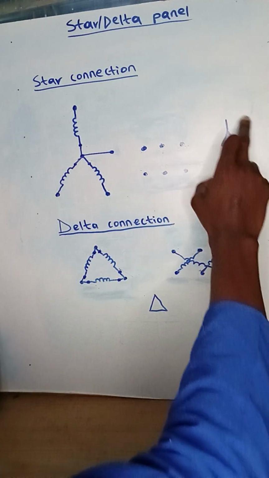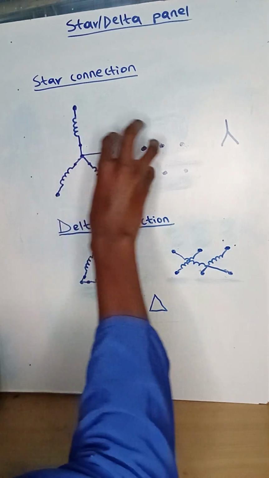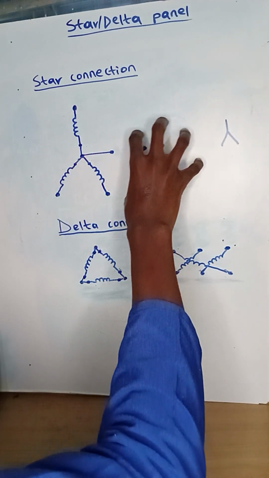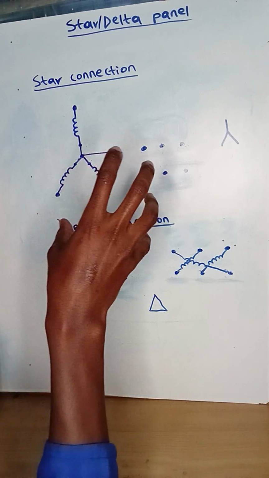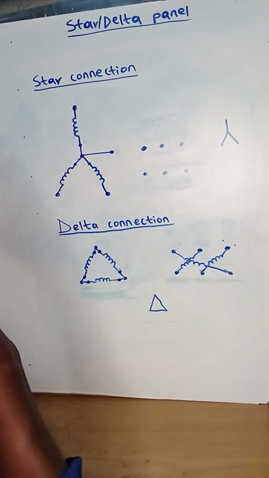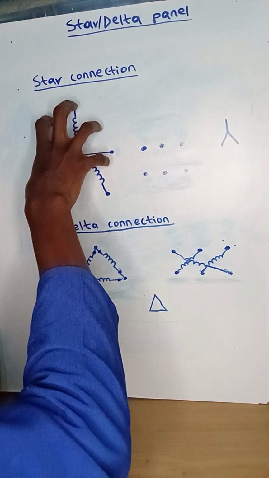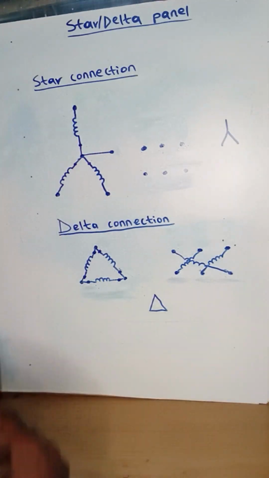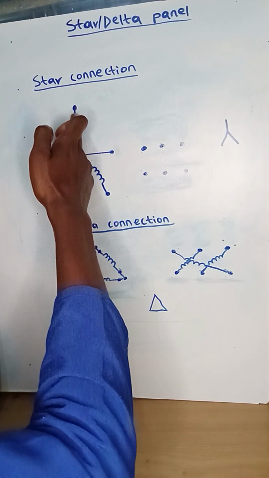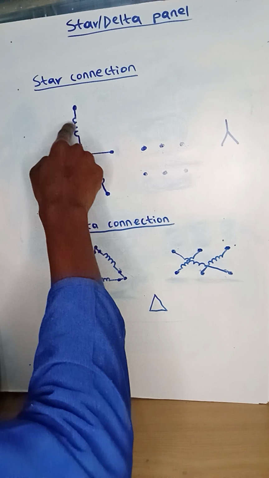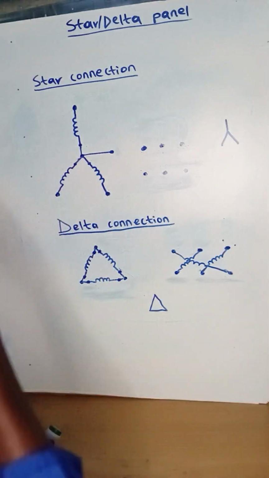So this is the symbol of a star, and then in these two sketches, I'll show you the connection of a star. Right. If you can check the first symbol here, it has 3 windings, second winding and third winding.